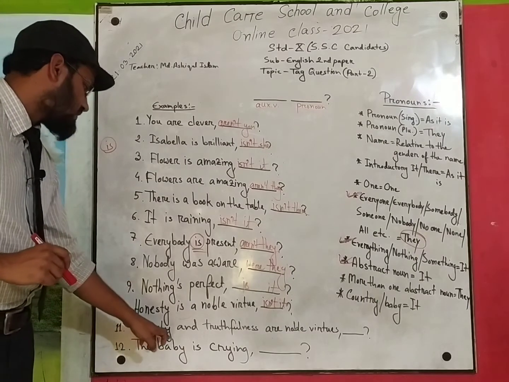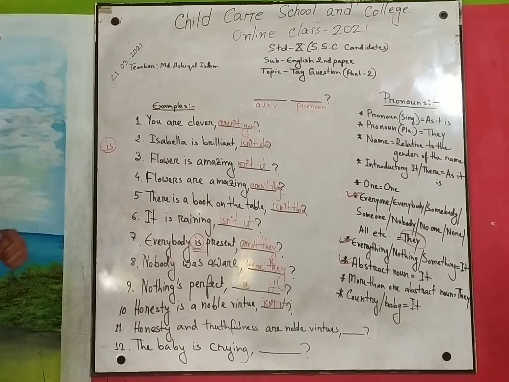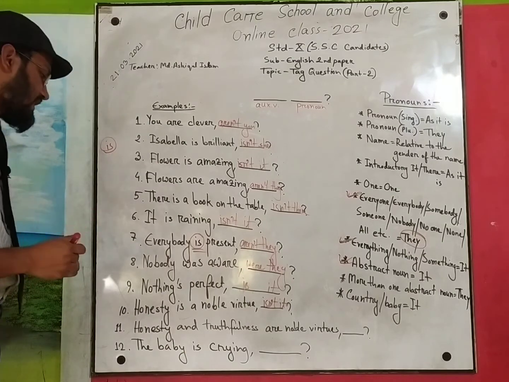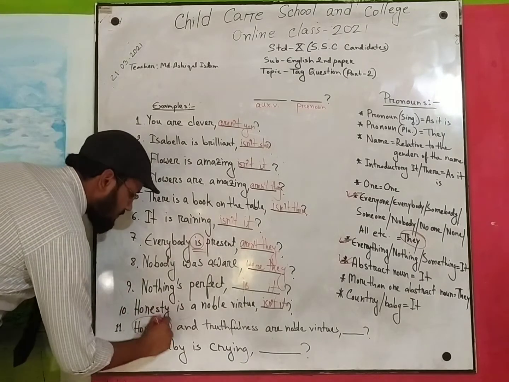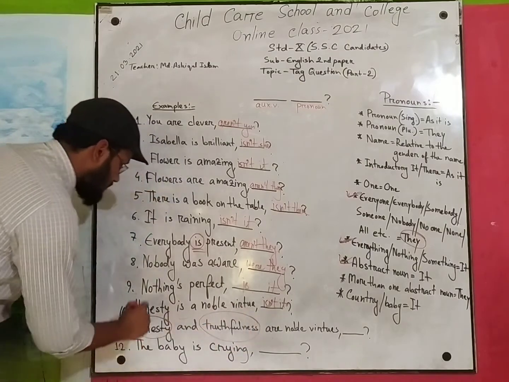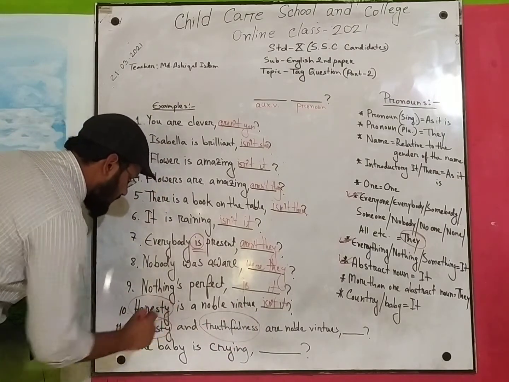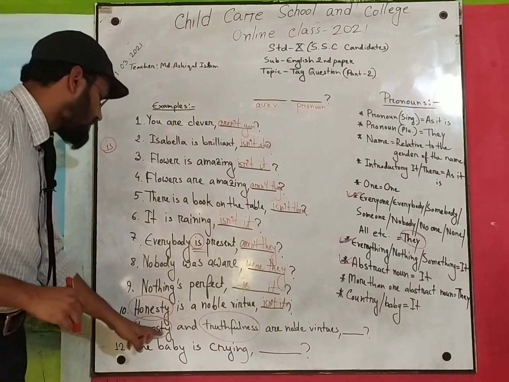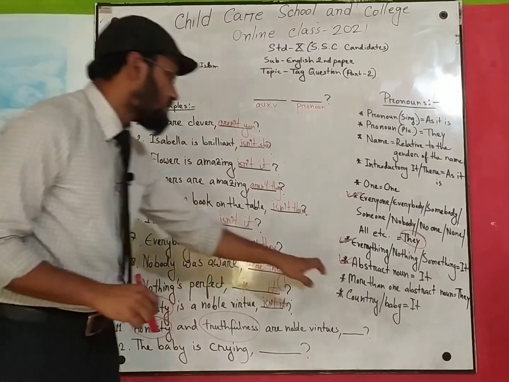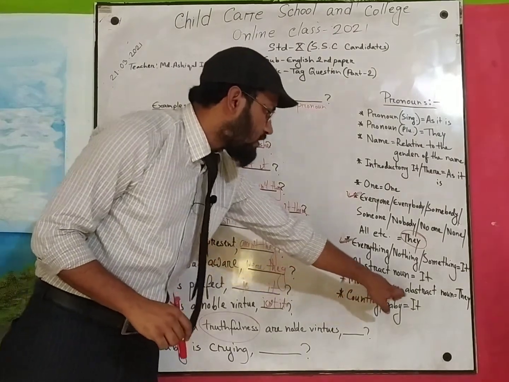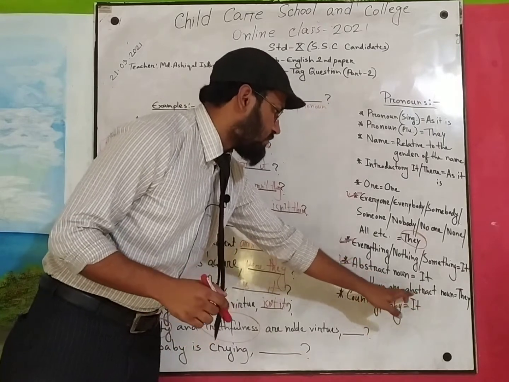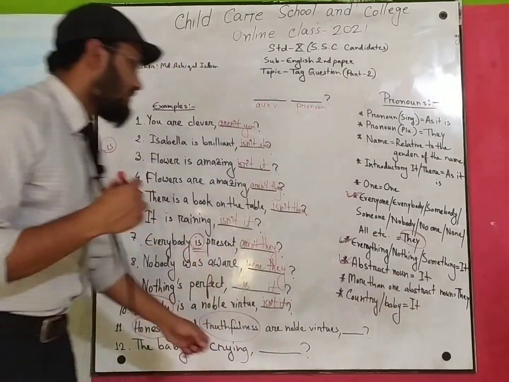And I have put a similar example to show you the differences. So the 11th one says honesty and truthfulness are noble virtues. Here we have two abstract nouns. In the previous one we had just one, and here we have two. Both are abstract nouns. So just like that, if we see more than one abstract noun, our pronoun will be they.